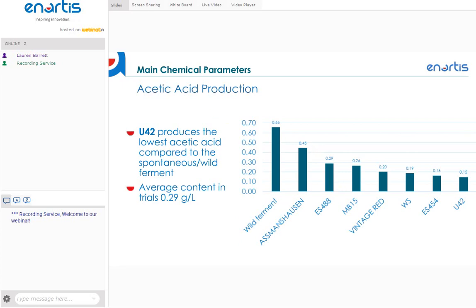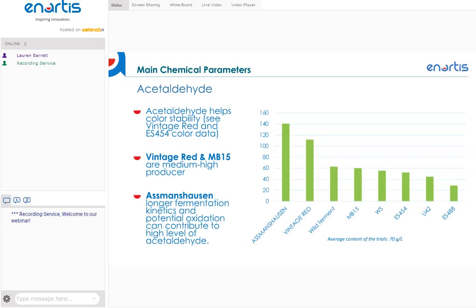Acetaldehyde is an important compound in wine and helps with color stability. It creates acetaldehyde bridges and can catalyze condensation reactions for stabilized color. And we saw this with the Vintage Red and ES454 in the colorimetric data, which was presented before. And it's with no surprise that Vintage Red and MB15 were actually medium to high producers of acetaldehyde.